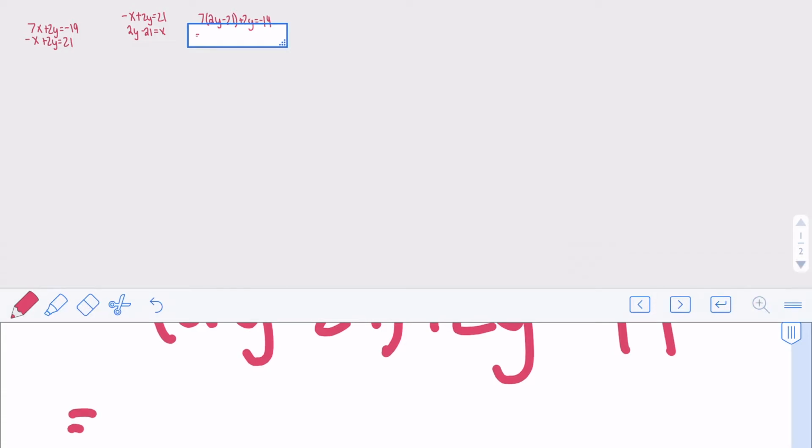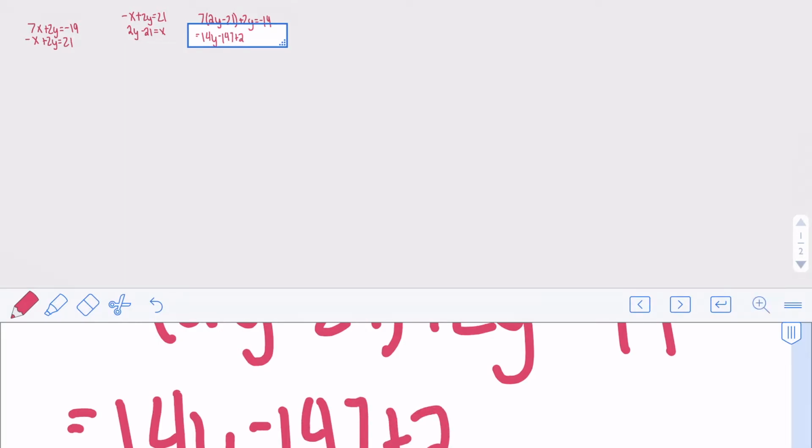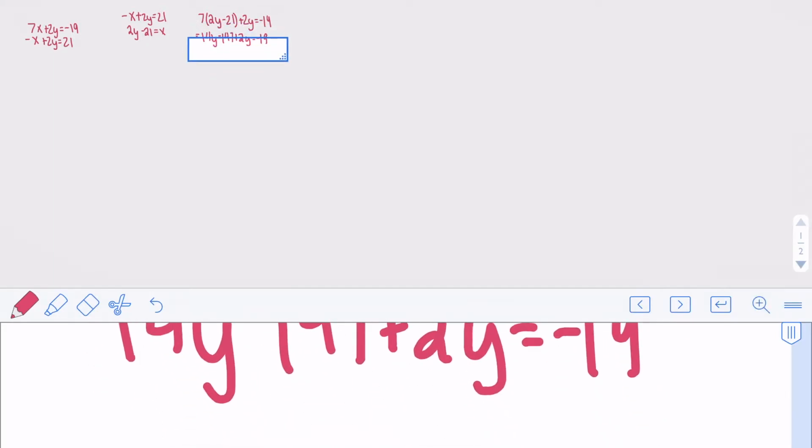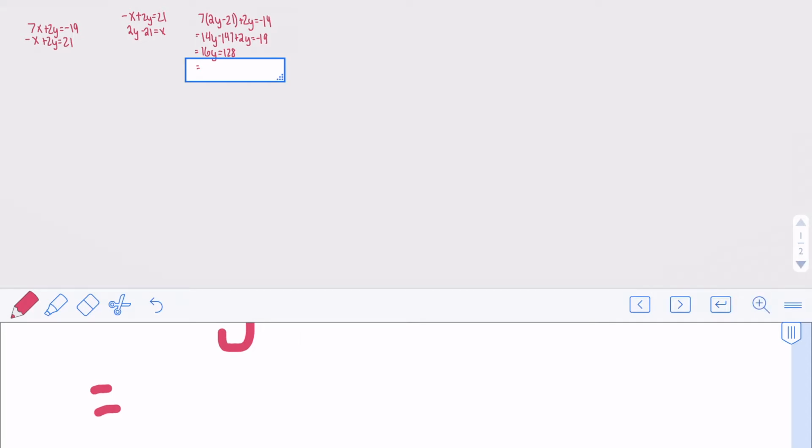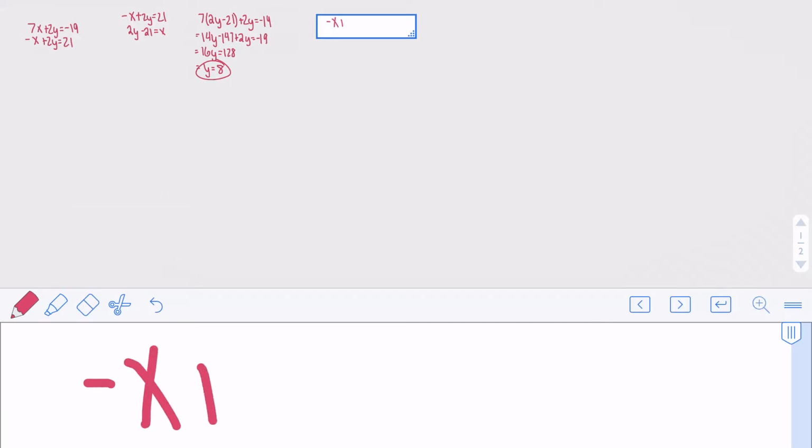So I have 7 multiplied by 2y minus 21 plus 2y equals negative 19, giving me 14y minus 147 plus 2y equals negative 19, then getting 16y equals 128. Divide both sides by 16, leaving me with y equals 8.